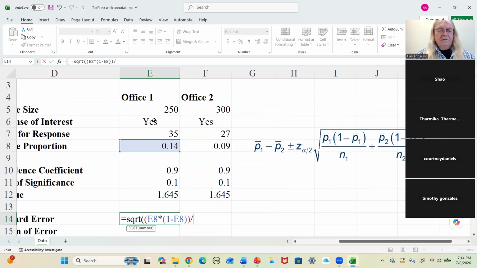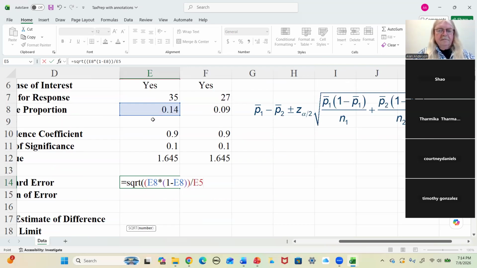Is here. Might need another set of parentheses. 2 times 1 minus P2.